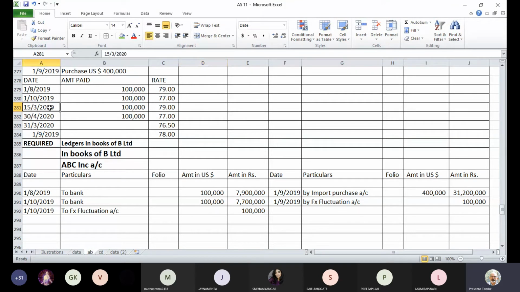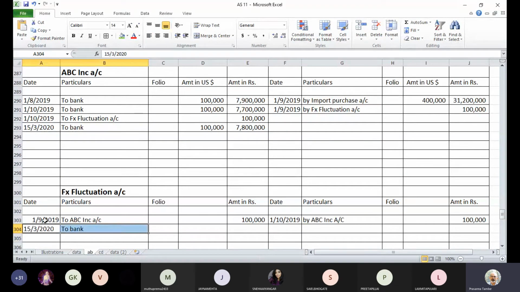So on 15th March 2020, to bank, $1 lakh multiplied by the exchange rate at the booking date of 78. So 78 lakhs is debited here. Then on the same day, you will debit the loss of 1 lakh rupees, which is the excess payment by you, and that loss will be debited here. Because here also you have incurred a loss.